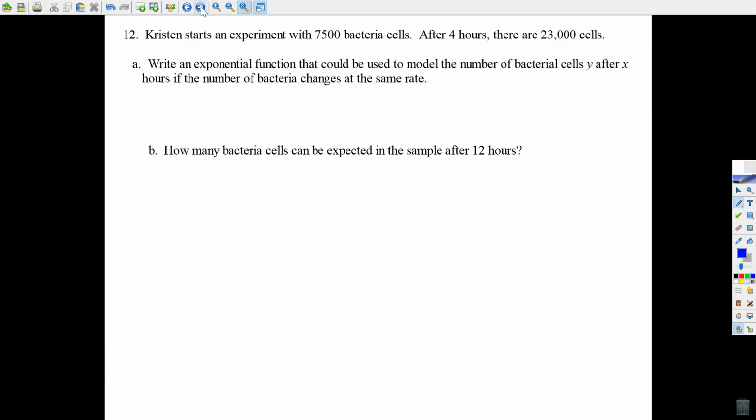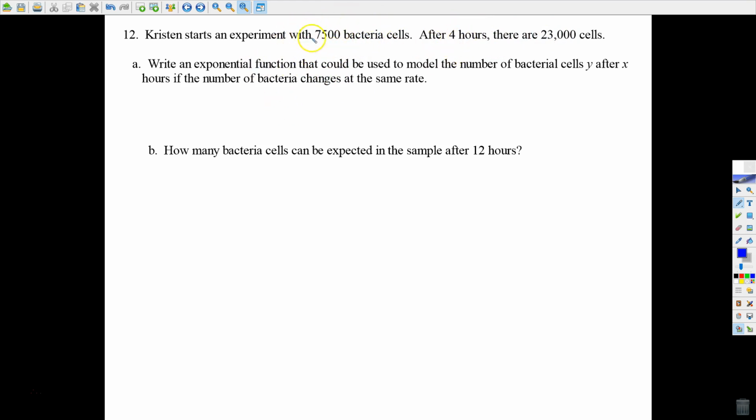For number 12, we have this exponential growth problem. Kristen starts off the experiment with 7,500 bacteria cells, and then that number grows after 4 hours. So obviously the number is growing over time.